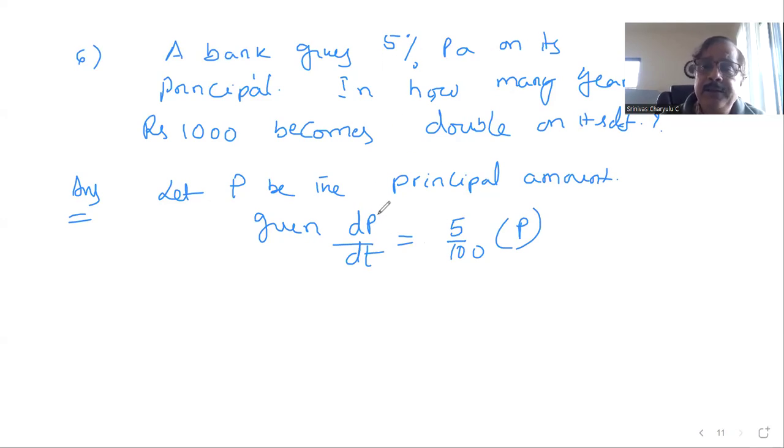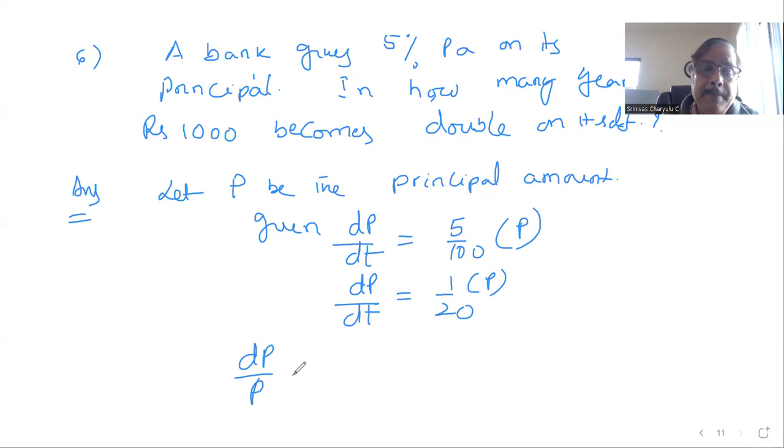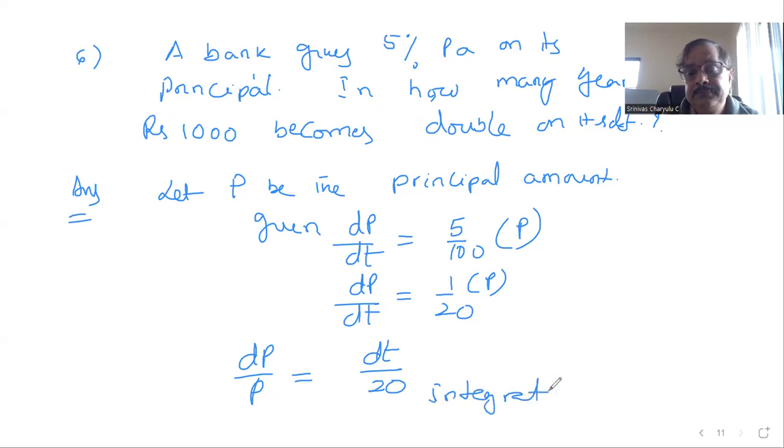So if the principal is P, dP by dt will be 5 by 100 into P, which is 1 by 20 P. Now you can do variable separable: dP by P is equal to dt by 20. So integrating both sides, you'll be able to solve the equation.